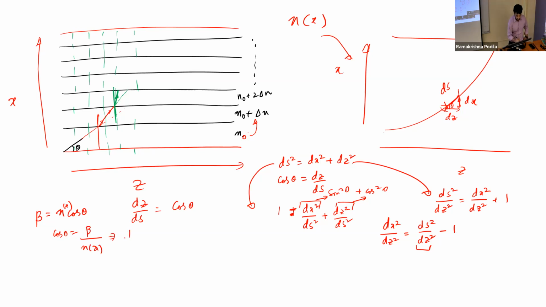So 1 over cosine theta would be n of x divided by beta, which means if I invert it, ds by dz is equal to 1 over cosine theta, which is equal to n of x by beta.